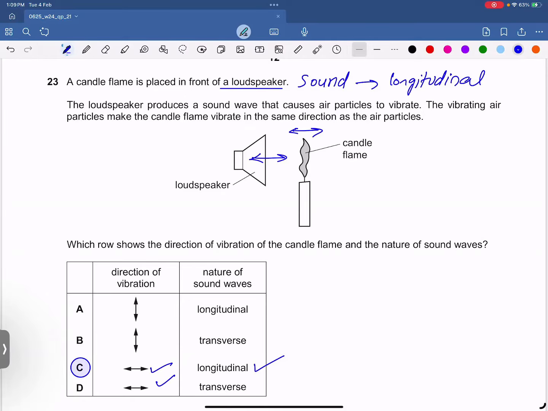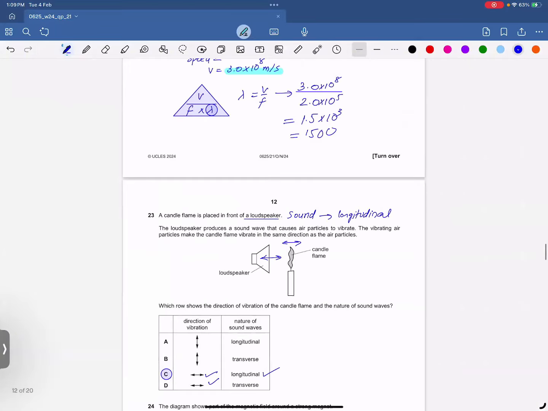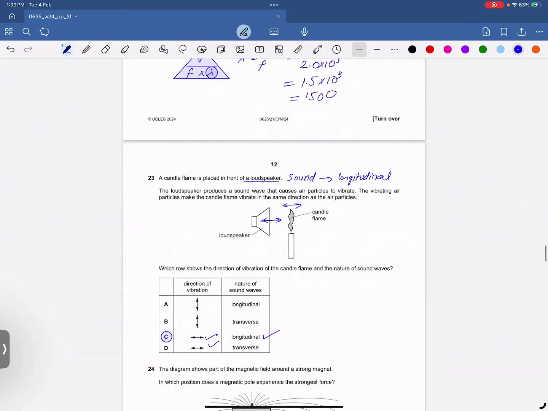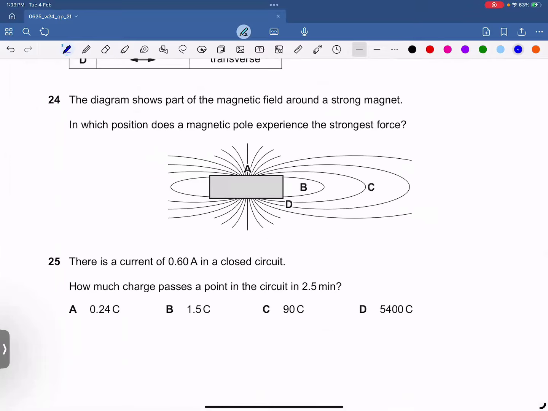Now we proceed to question number 24. With this, waves finish. So electricity and magnets will start from here. Diagram shows a part of magnetic field around a strong magnet.